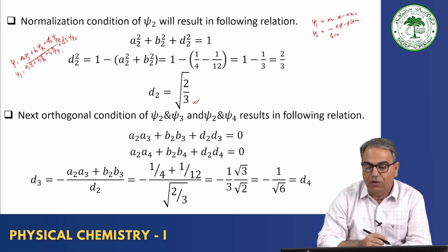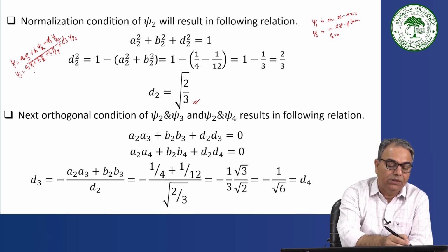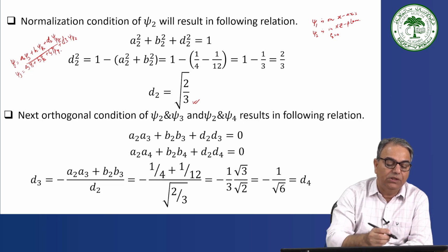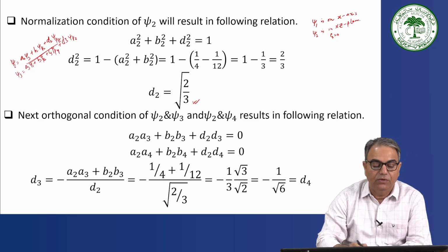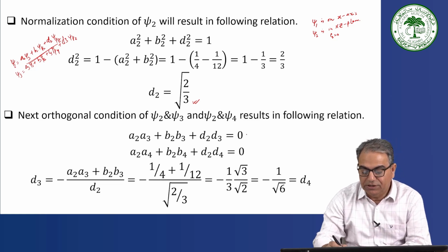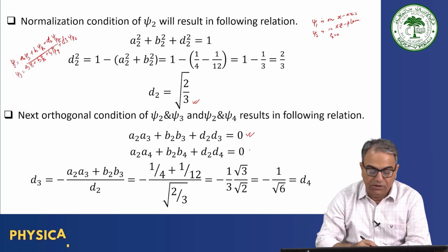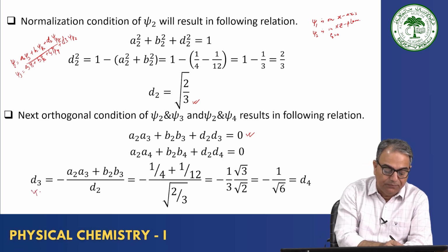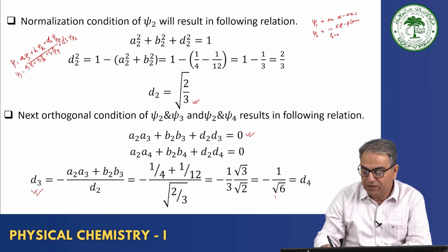And if you write the orthogonality condition, then a2, a3, b2, b3 and d2, d3 will remain. It will not have c2, c3 because c2 is already 0. Okay. So you have this condition for the psi 2, psi 3 orthogonality, and for psi 2, psi 4 orthogonality, similarly, you can write a2 a4 plus b2 b4 plus d2 d4 is equal to 0. And what does that mean? If you find the value of d3, then this comes out to be minus 1 by root 6, and this is the same as d4 also.